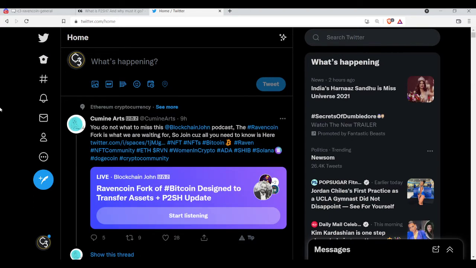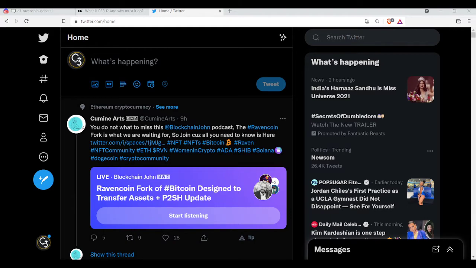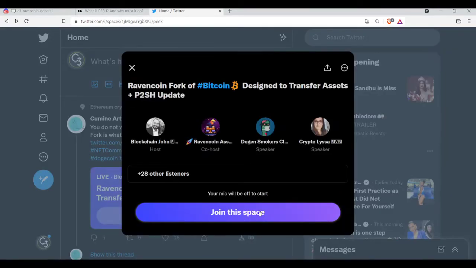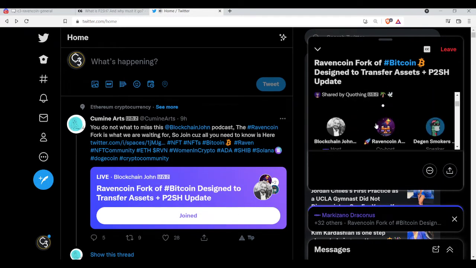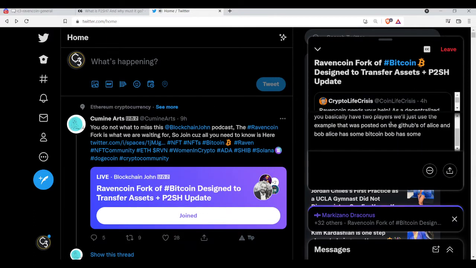To get into the details a little bit about how it works, you basically have two players. We'll just use the example that was posted on the GitHubs of Alice and Bob. Alice has some Bitcoin, Bob has some Ravencoin. Bob creates an asset out of his Ravencoin and wants to sell that to Alice, and Alice wants to pay with Bitcoin. To make this happen, Alice has got to lock the transaction into a P2SH, a pay-to-script hash.